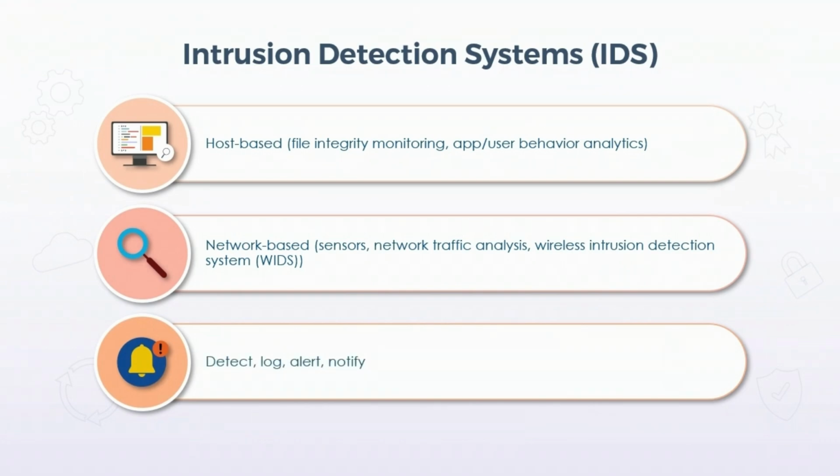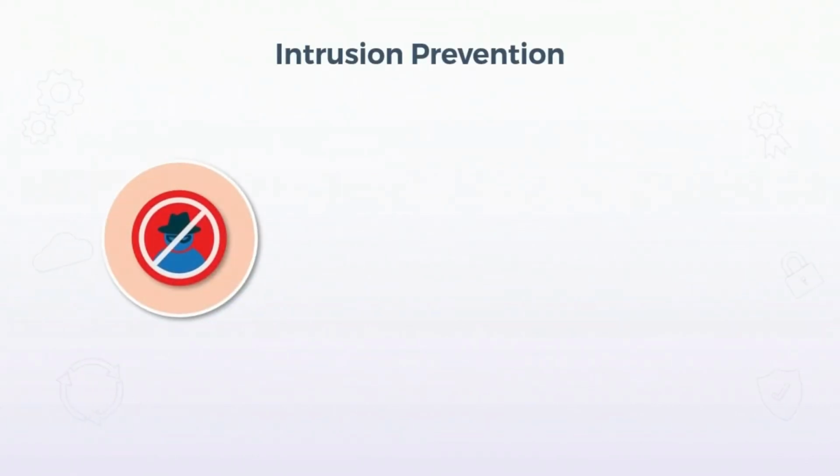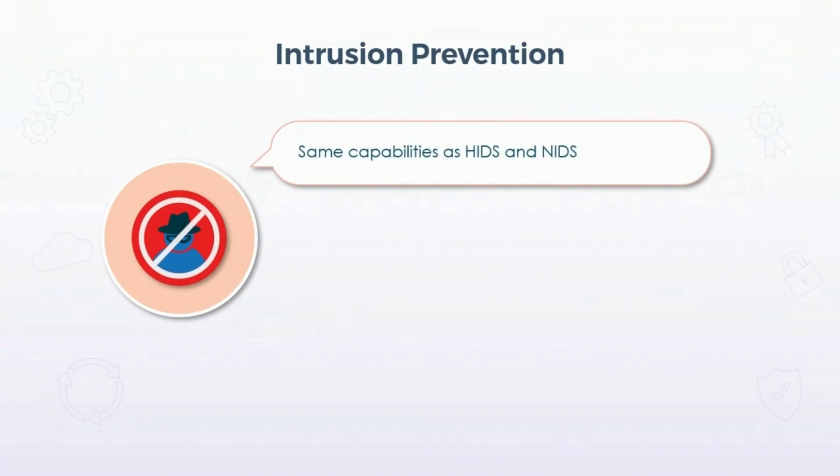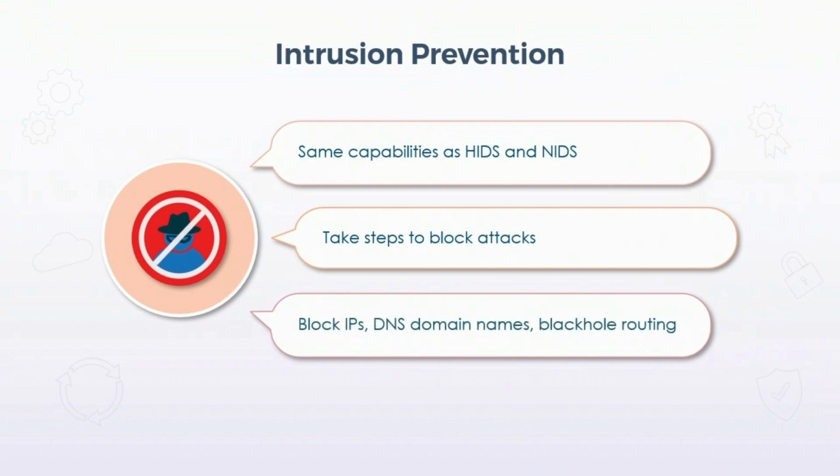IDSs are designed to detect and then maybe log any suspicious activity and alert or notify technicians about this activity occurring. Intrusion prevention takes this a little bit further. So intrusion prevention really is the same as intrusion detection at the host and network level. But it takes it a step further because it can actually be configured to block attacks, maybe to block suspicious activity stemming from a given IP address, block that IP address, or maybe slow down the rate of data coming in from that location.